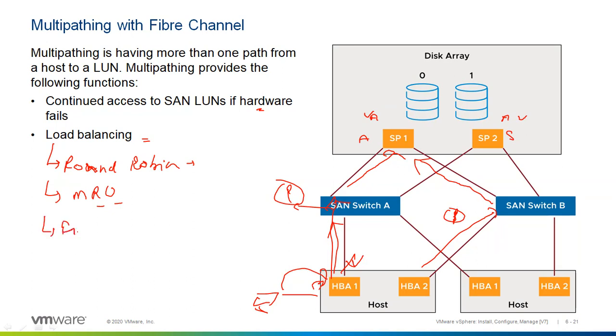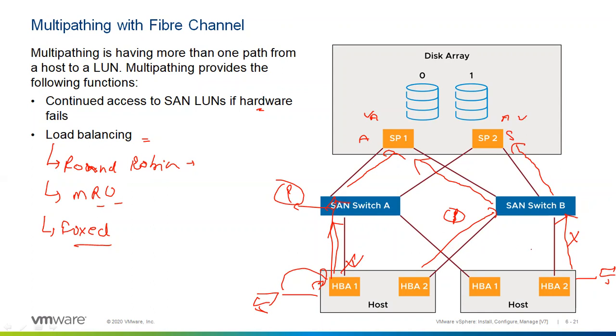Fixed is another mechanism. Fixed means the path is fixed. If any VM from this host is writing data and I have set it as fixed, it will prefer only this path. By any chance, if this path fails, it will fail over to another one.